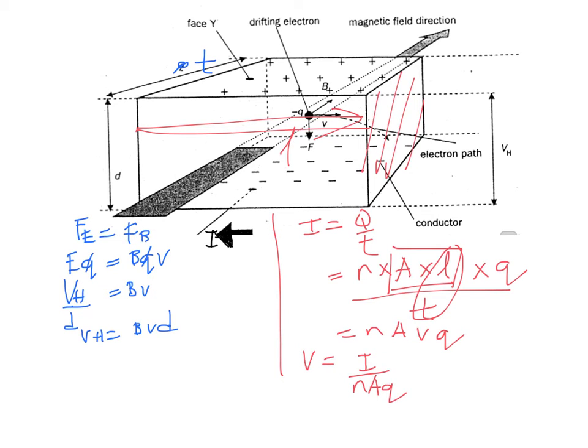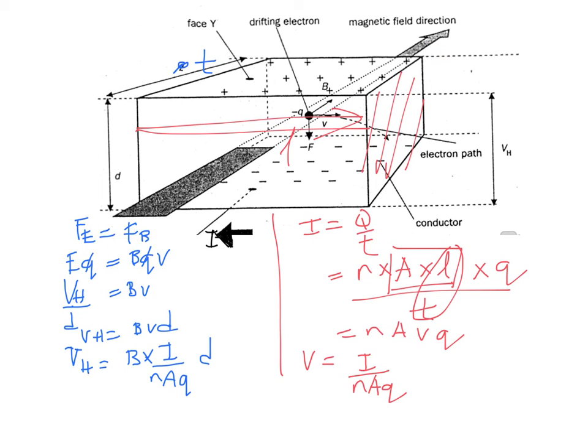So let's substitute inside there now. Your Hall voltage VH equals B times I over NAQ times D. Now, remember that A, which is this shaded area here, equals D times T. Can you see D times T?